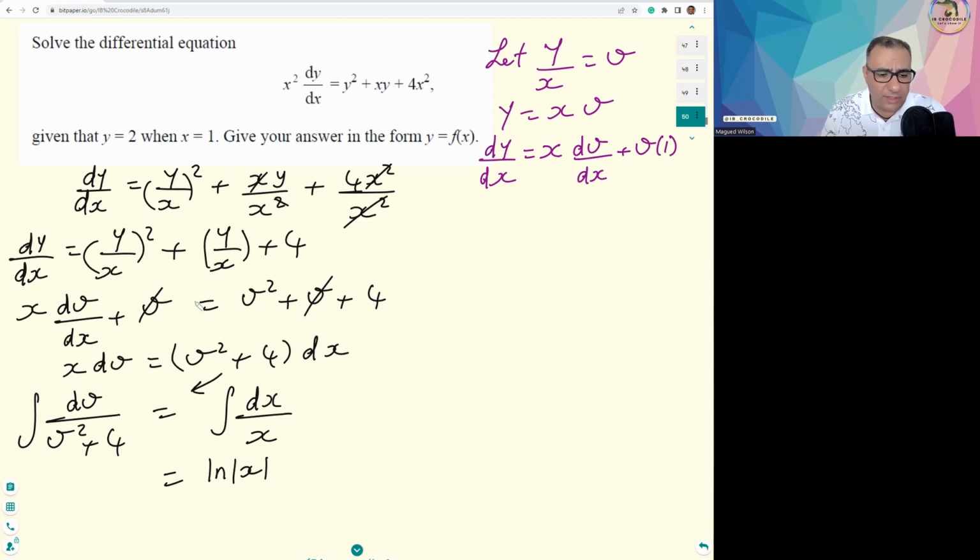I can put the constant here, plus c for now, but then we have to look at this integration here together and try to solve it, dv over v squared plus 4.